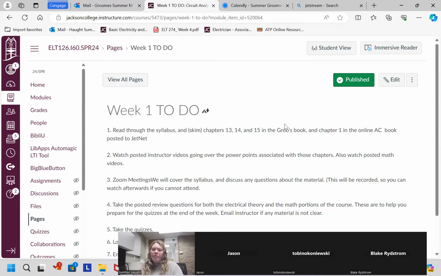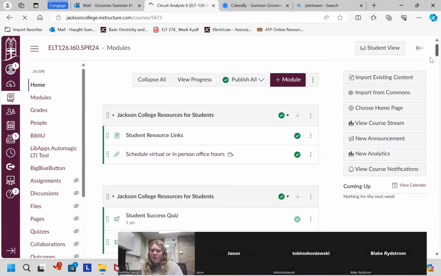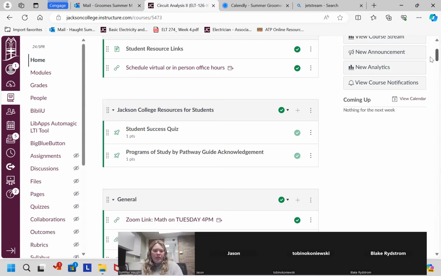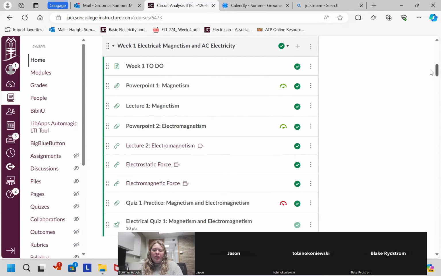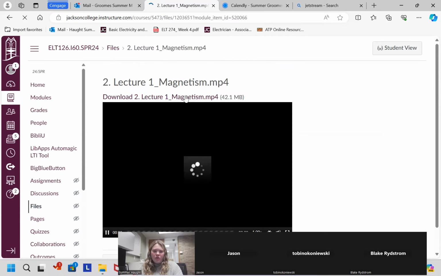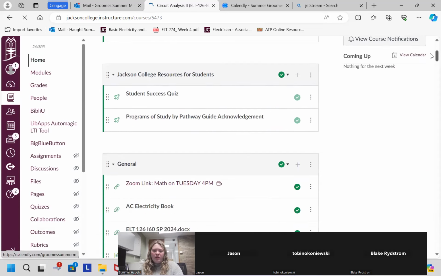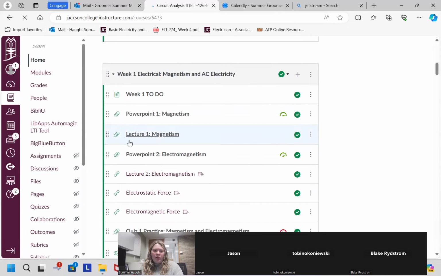So when it says Grab's book here, what that's referring to is the PowerPoints that are embedded each week. You can see that in week 1, it says lecture 1, magnetism. I should be able to, oh, not that, sorry. That's an actual video. It says week 1 PowerPoint.